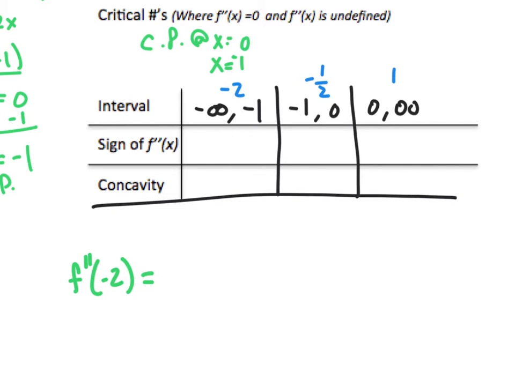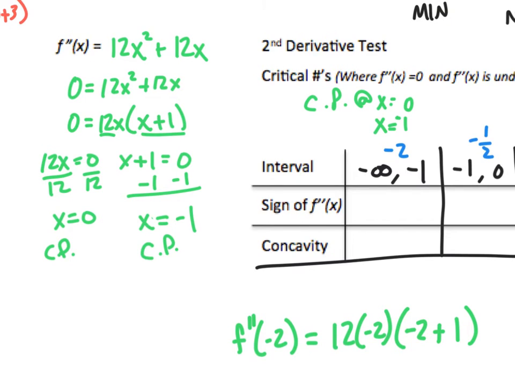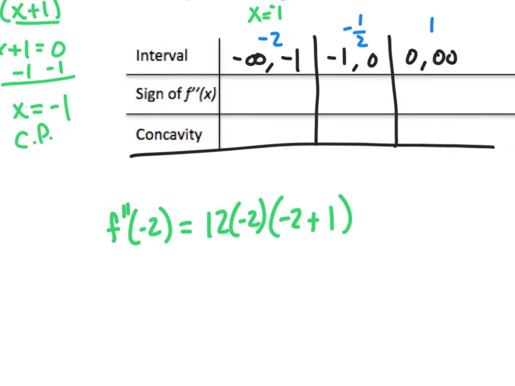And so I've got 12x, so 12 times -2 times -2 plus 1. I'm going to use my factored form here, just because I think it's a little bit easier. So 12 times -2, -2 plus 1, let's see what we get here. This is going to give me -24 times -1, which is going to end up giving me a positive number. So my function is concave up on that interval, okay?